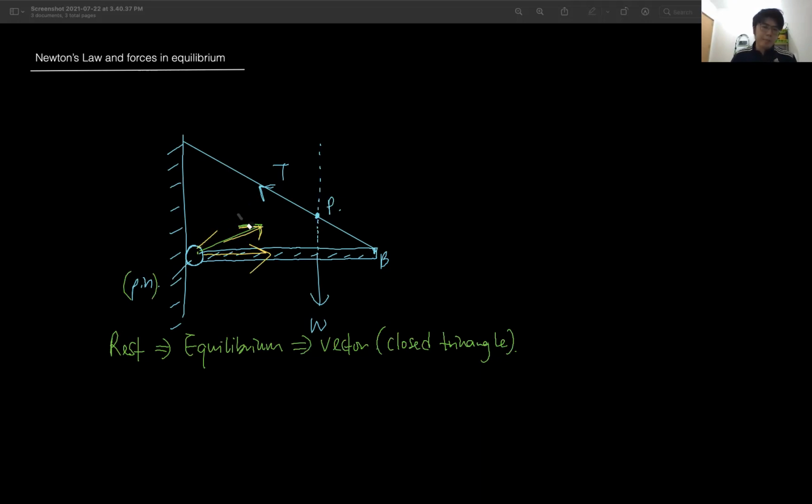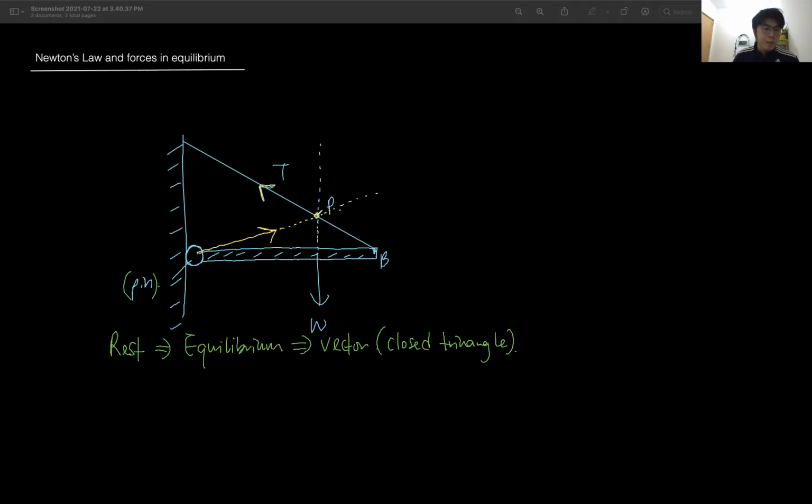For example, here the weight passes through this point P, and then the tension also crosses this point P. So the reaction also has to be pointing at this point P. Why? So that if I take moment at point P, the net effect is 0.